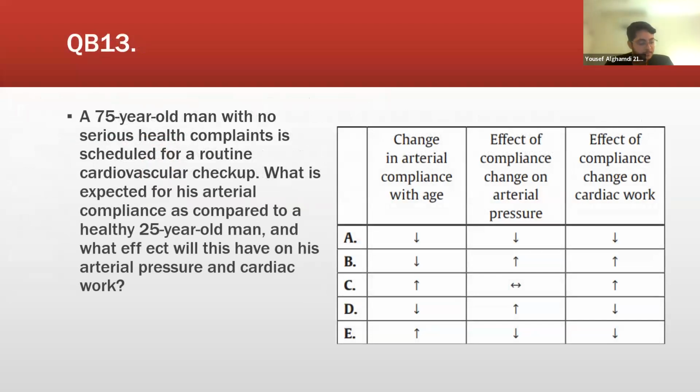Okay. A 75-year-old man with no serious health complaints is scheduled for a routine cardiovascular checkup. What is expected for his arterial compliance as compared to a healthy 25-year-old man? And what effect will this have on his arterial pressure and cardiac work? Remember, this guy is 75 years old.